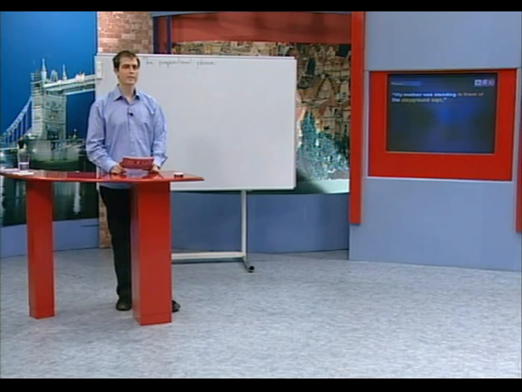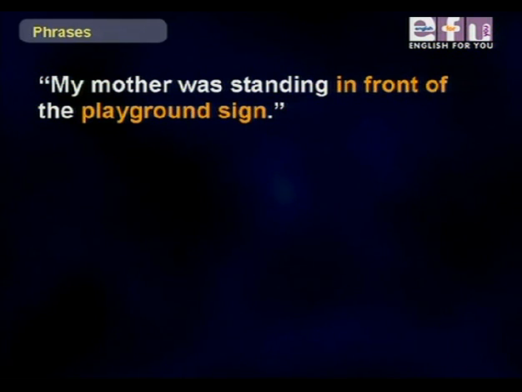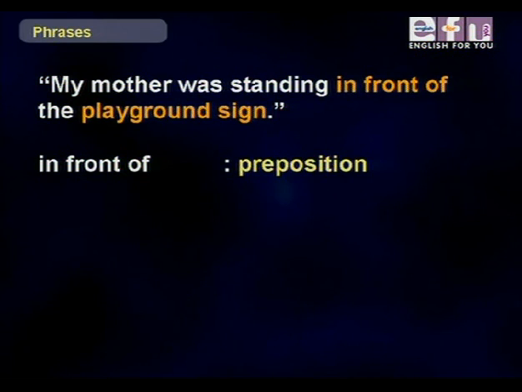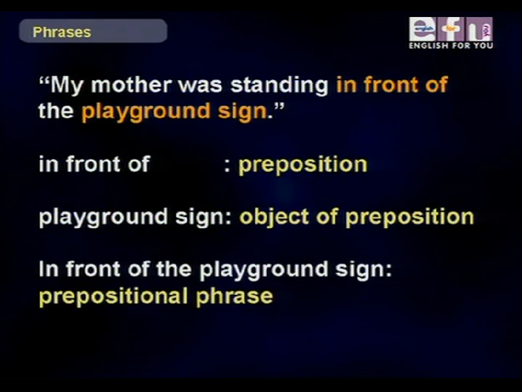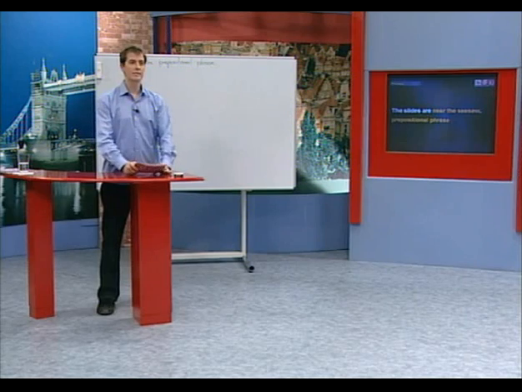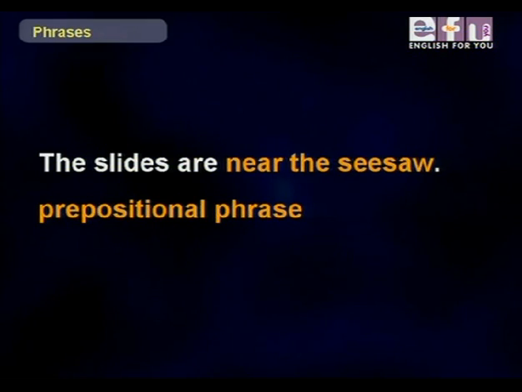In the first sentence, my mother was standing in front of the playground sign. In front of is the preposition. Playground sign is the object of the preposition, and in front of the playground sign is the prepositional phrase. In the second sentence, the slides are near the seesaw.